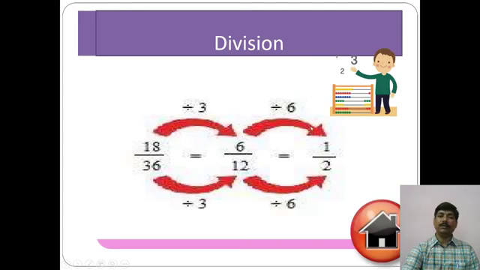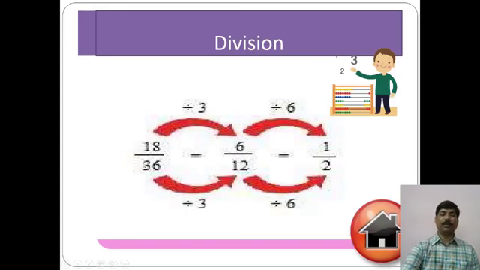So again we divide the numerator and denominator by 6, and we will get a new fraction, 1 upon 2. So all these fractions, 18 upon 36, 6 upon 12 and 1 upon 2, are equivalent fractions. So 6 upon 12 is equivalent to 18 upon 36, and 1 upon 2 is also equivalent to 18 upon 36.